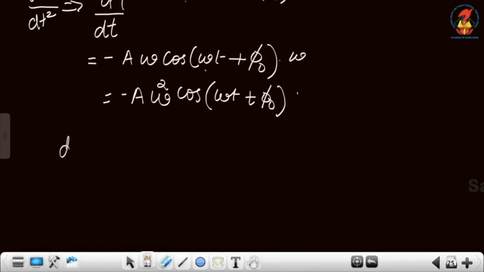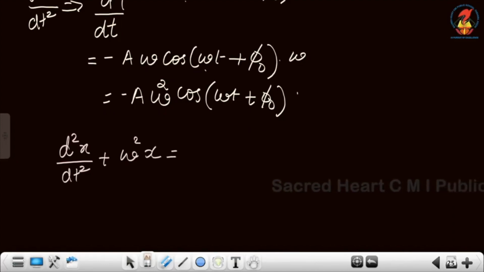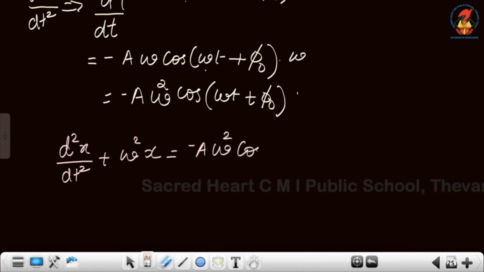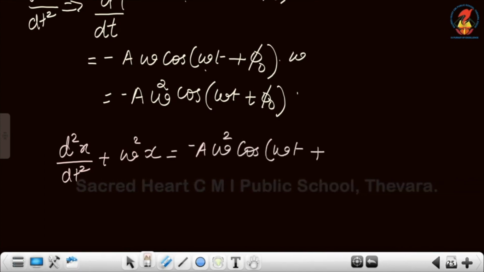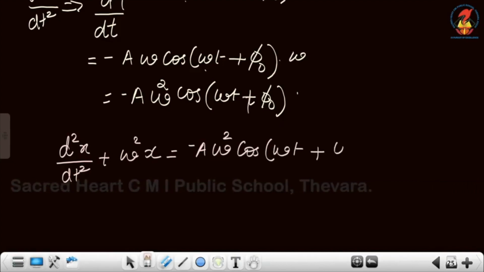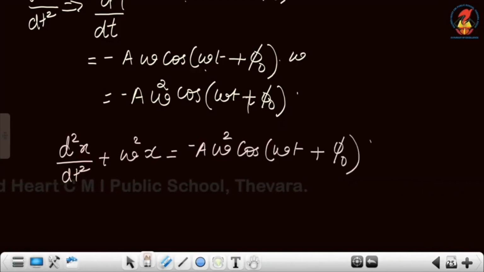Substitute in the equation d²x/dt² + ω²x. We get d²x/dt², which is minus Aω² cos(ωt + φ0), plus ω²x. So ω² into what was x? x was A cos(ωt + φ0), which cancels the first term and gives 0.